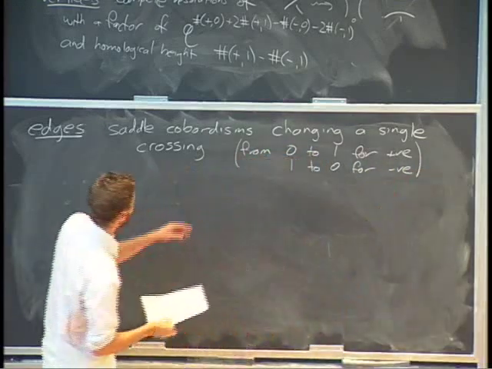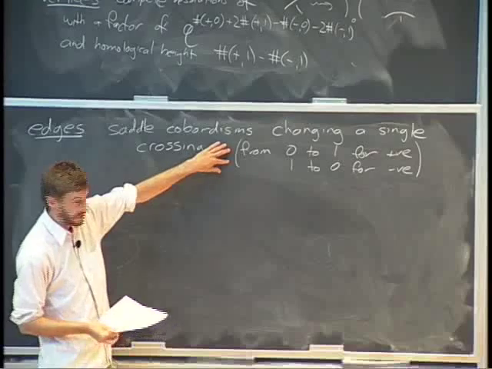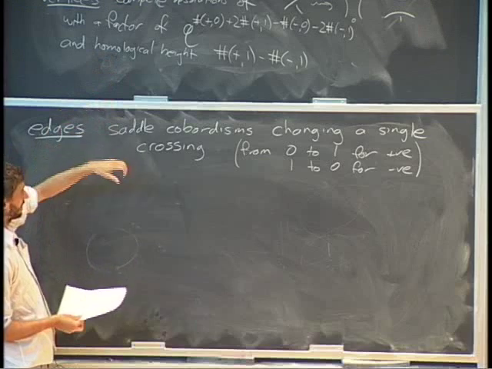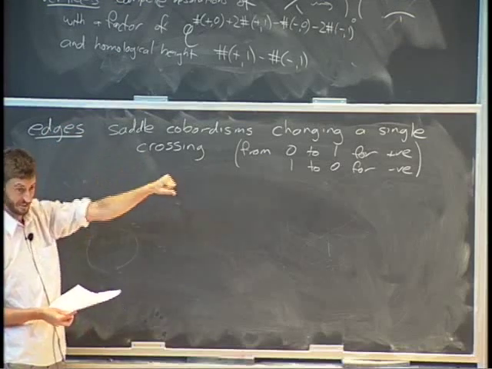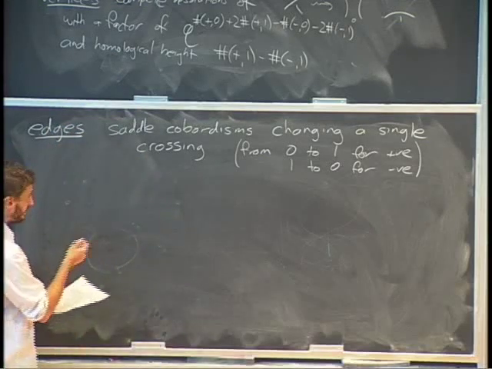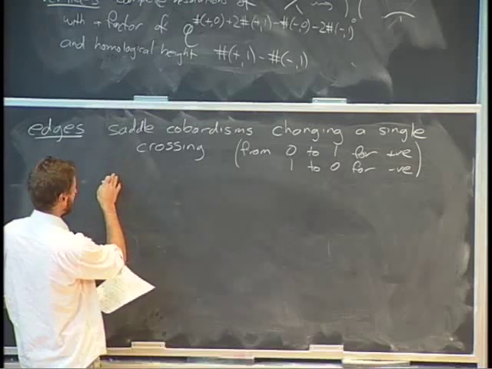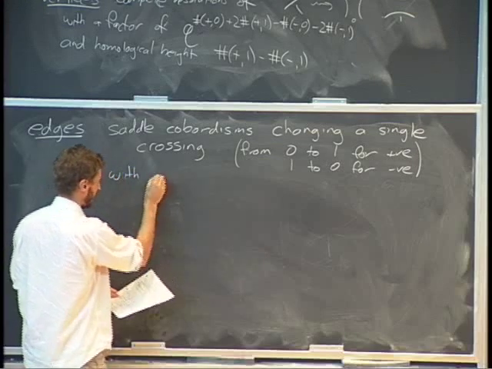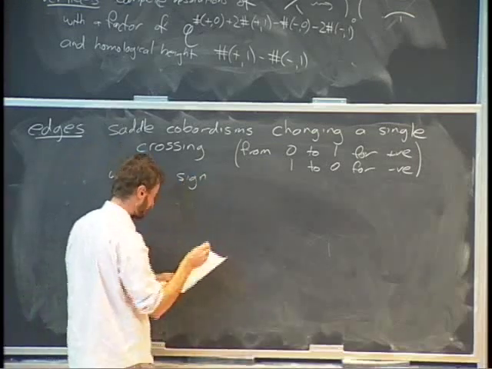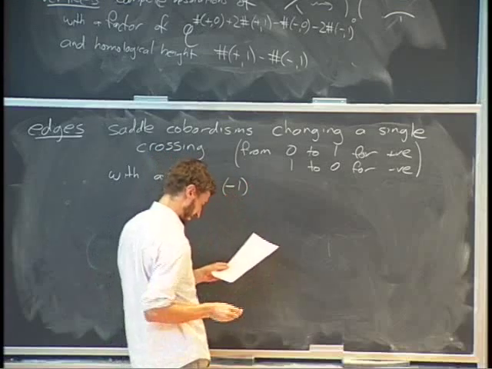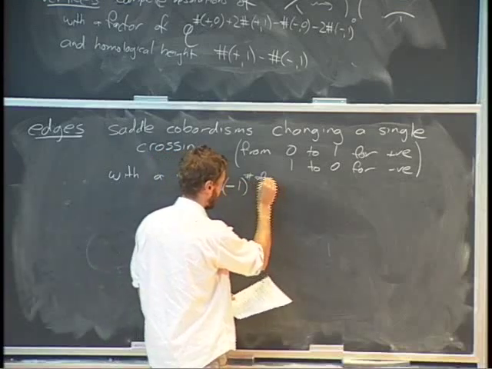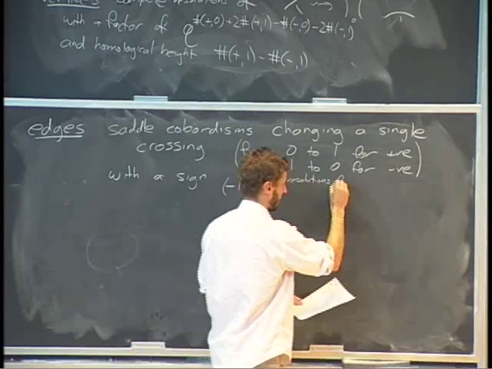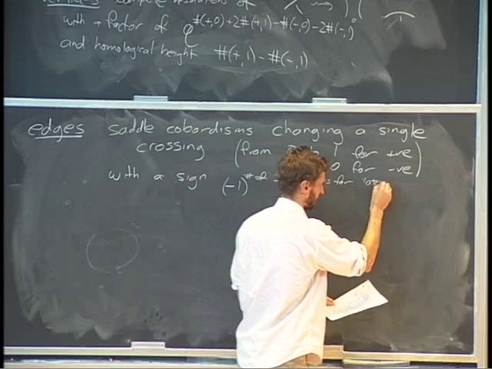And if you stop and check, this rule about which direction the edges point is consistent with this height function that I've put on the vertices of the cube. The edges always connect a vertex at one height with a vertex at the height one greater. And let's attach with these saddle cobordisms a sign, -1 to the number of 1 resolutions for later crossings.